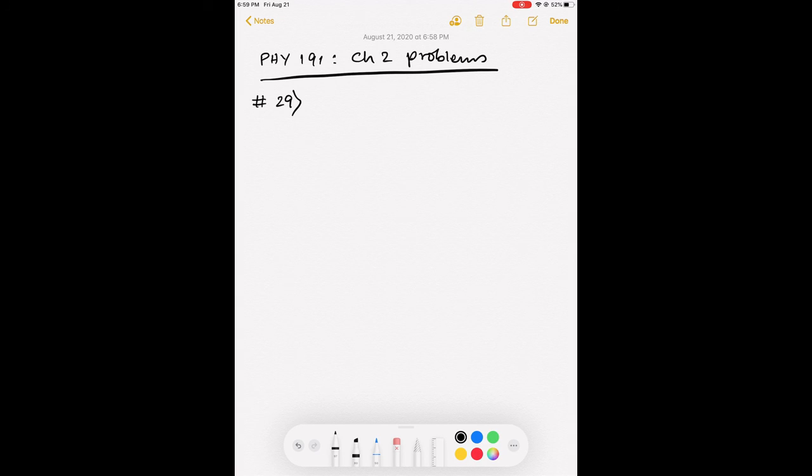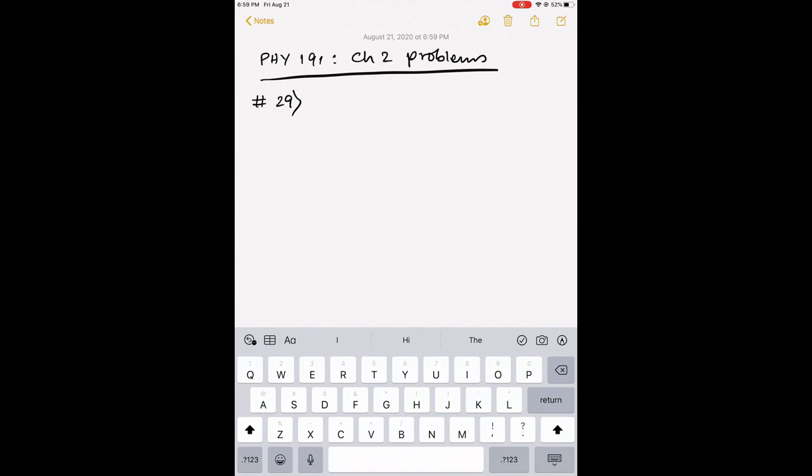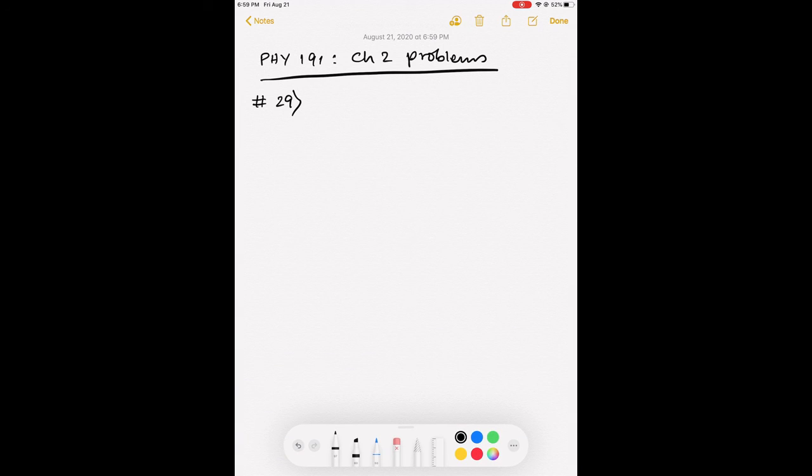Okay guys, so we're back with problem number 29 from chapter 2, and this is a problem where it is talking about a snowboarder gliding down a 50-meter long 15-degree hill. So the very first picture that we will have to think about in this problem is that you have an inclined plane, right?